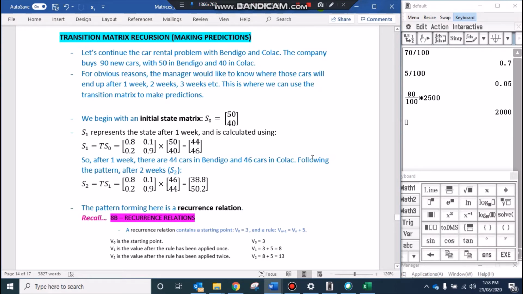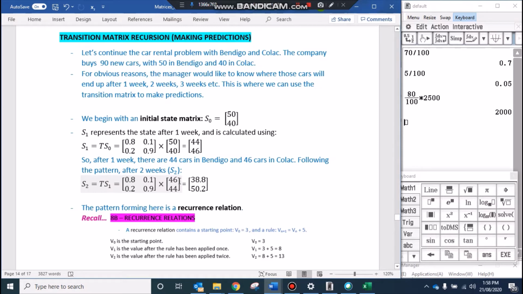If we want to find out how many are at each location after 2 weeks, we have S2 is equal to the same transition matrix. So the transition matrix doesn't change, but instead of multiplying it by S0, which is the initial state matrix, we just multiply it by the previous week, or the previous state matrix, which is S1.